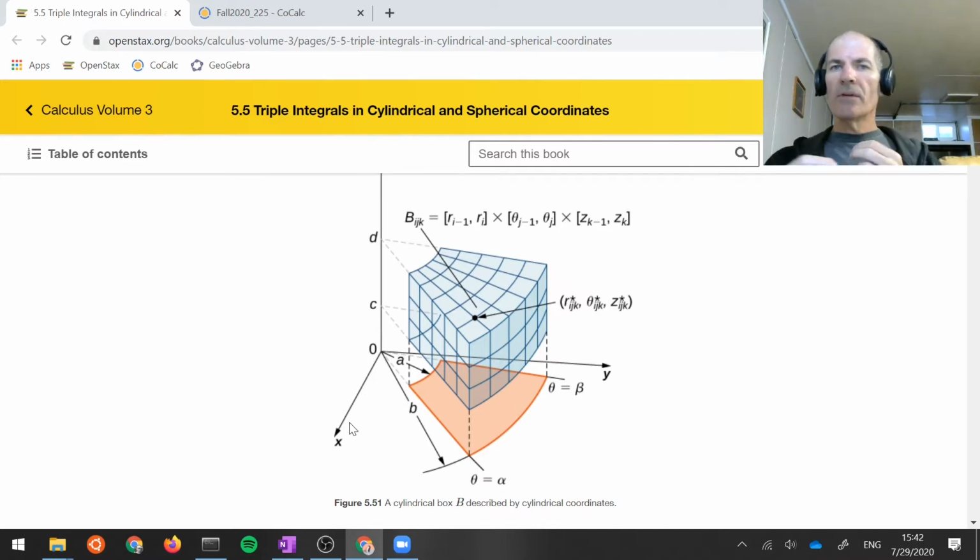So remember that if we decided we were going to do dz, dy, dx, we would first start by looking at little paths parallel to the z-axis. Once we figured that out, we would squash it down onto the remaining two variables, x and y. Then we would look at paths parallel to the y-axis. Once we figured that out, we would squash it onto the last variable, the x variable, and then there's only one path there, and it's the interval on the x-axis.